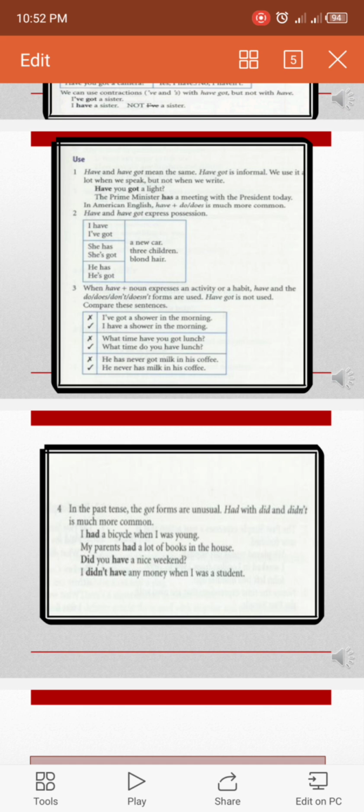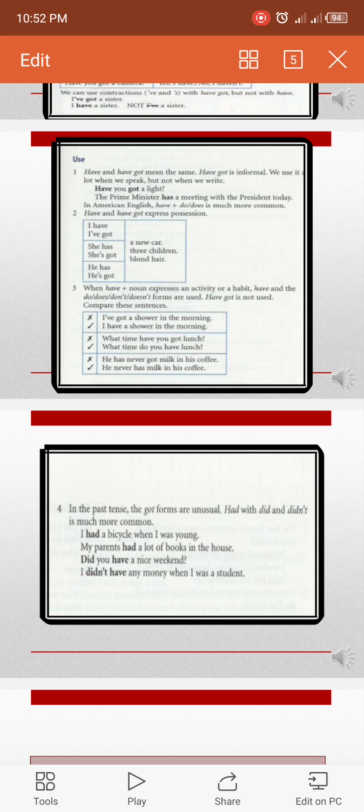He has a new car. He has 3 children. He has blonde hair. He's got a new car. He's got 3 children. He's got blonde hair.